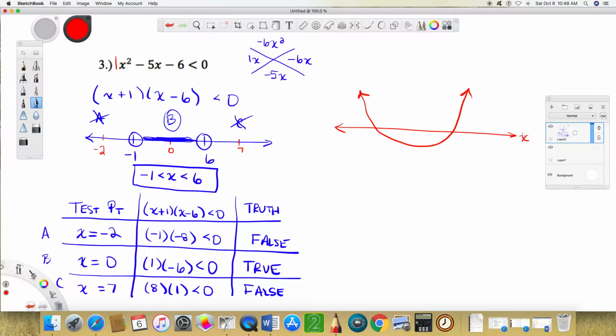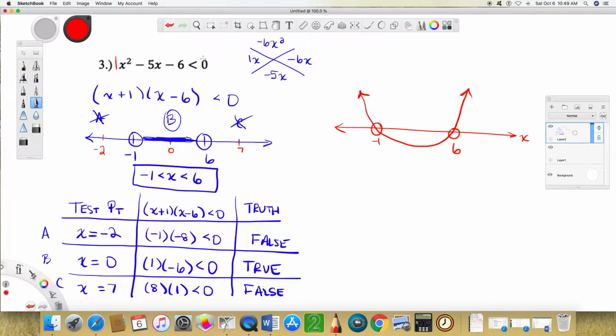Now I haven't keyed in the y-axis, but I really don't need the y-axis. Now I probably should emphasize that these are not included, so make them hollow, and these x-intercepts of -1 and +6. So now I look at the inequality and say, what portion of the parabola am I interested in?